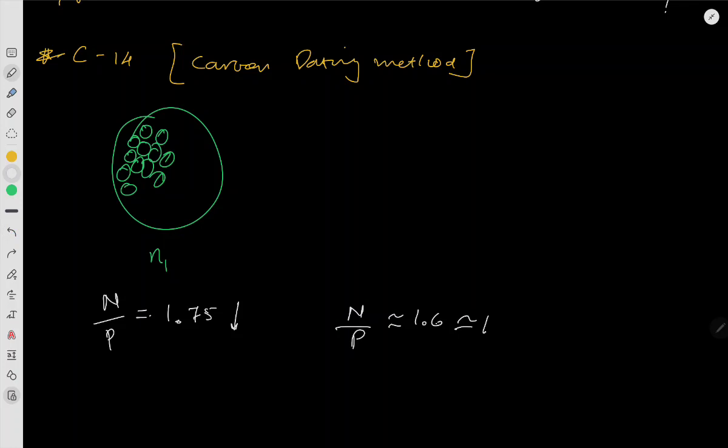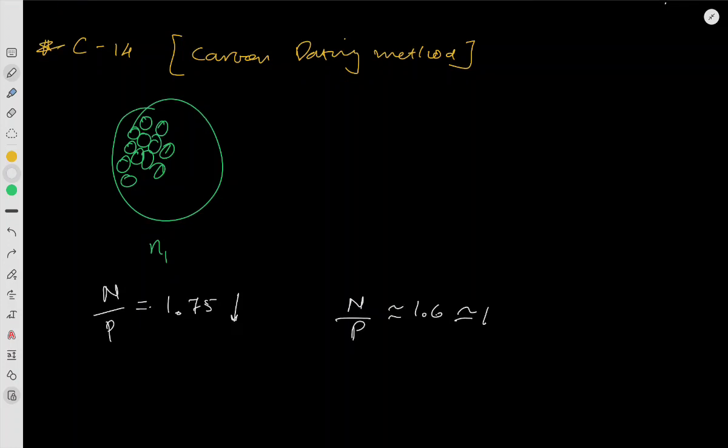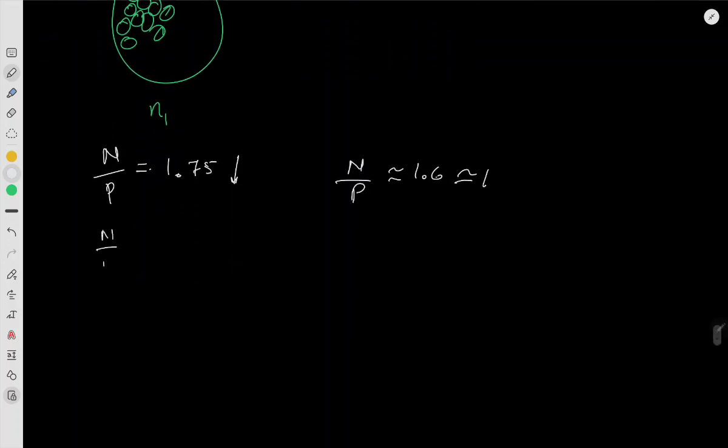So we try to bring our ratio around 1.6, and if an element has an N by P ratio of 1.6, it may gradually decompose and release something in such a way that its ratio becomes 1.5, and 1.5 can't jump to 1.0, because that is a very drastic change.